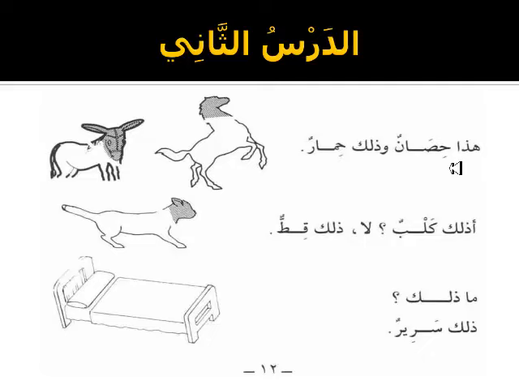Wadhalika himarun. So this is a horse, and that is a donkey. So hisan is a horse, and himar is a donkey.